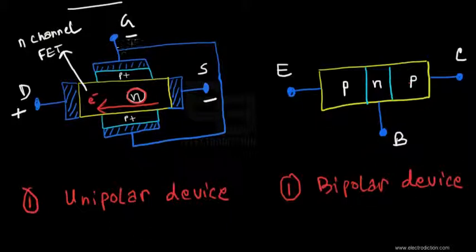Reverse biasing the gate terminal would cause depletion regions to form within the n-type channel over here. With the reverse bias, we reverse bias this channel and gate junction, as you can see.